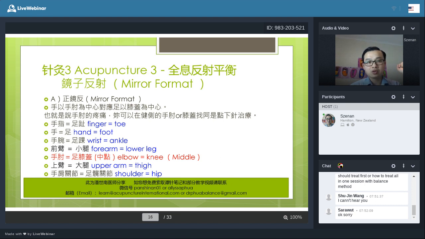So hand treat foot, finger treat toes. Now the upper joint above elbow is shoulder. Above your knee, the upper joint is hip. And between knee and hip, that's thigh. Between elbow and shoulder, that's upper arm. So upper arm balance thigh. Do you get me?